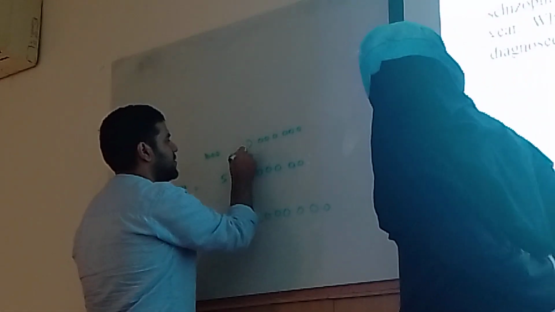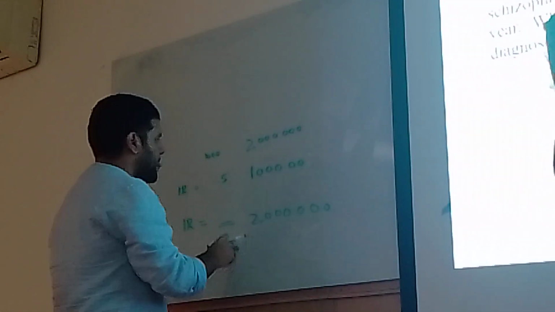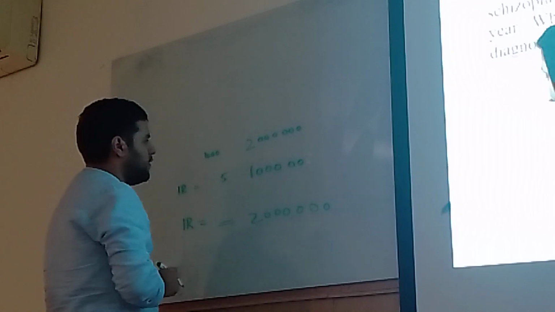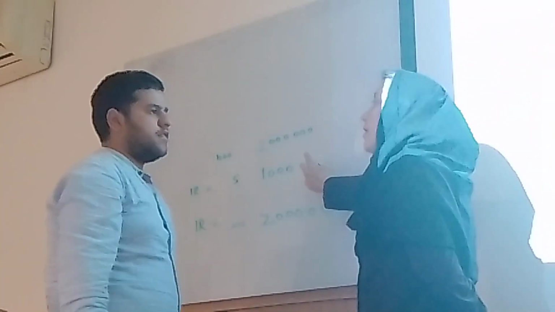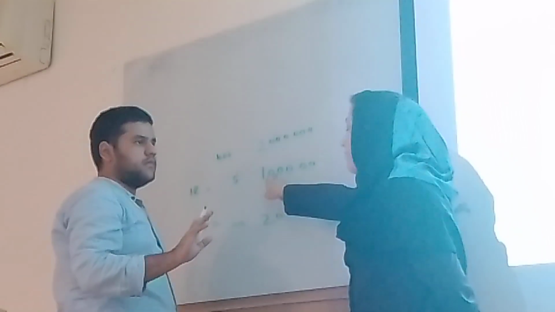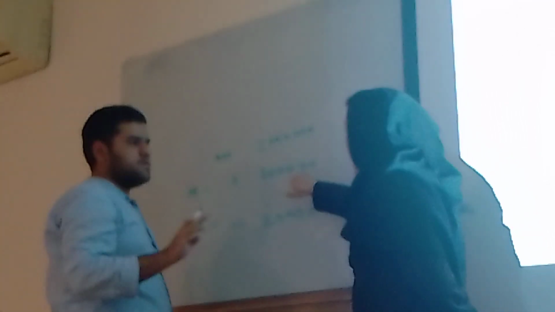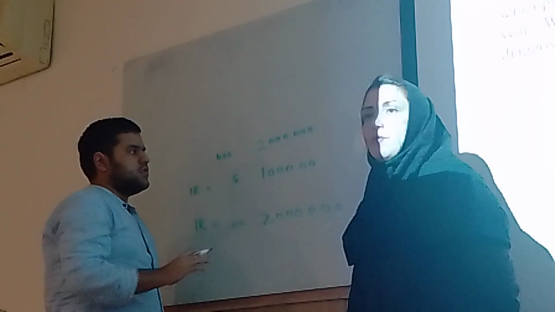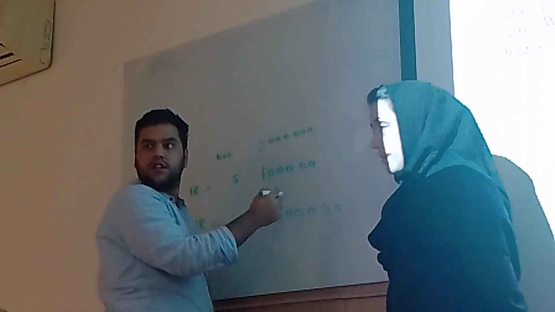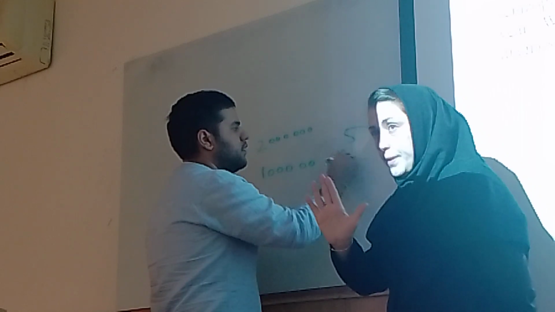So we have 5 per 100,000. If we have a 100,000 population, we have 5 newly diagnosed. So 5 per 100,000, agree?